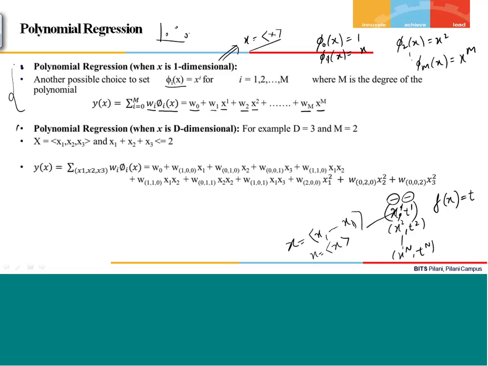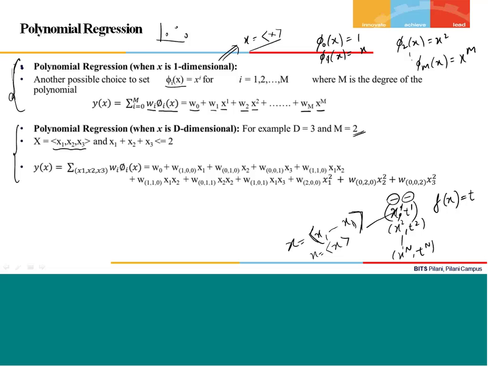So this was the case when you have a univariate x. Now if x is a vector having d dimensions, without going into the general case, I am just writing a specific example. Here x is x1, x2, x3, and I want to find the polynomial of order 2.